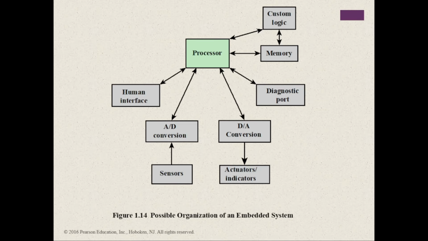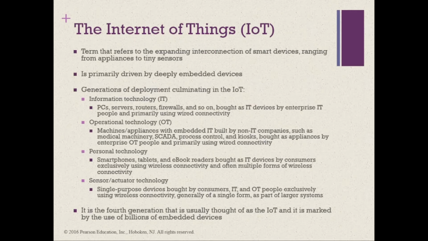One comparatively recent development has been embedded system platforms that support a wide variety of apps. Good examples of this are smartphones, as what we are using now, and audiovisual devices such as smart TVs. Another term that has emerged nowadays is called the Internet of Things, or the IoT.